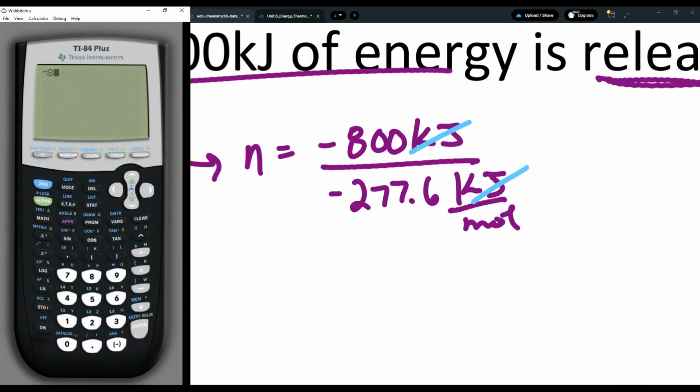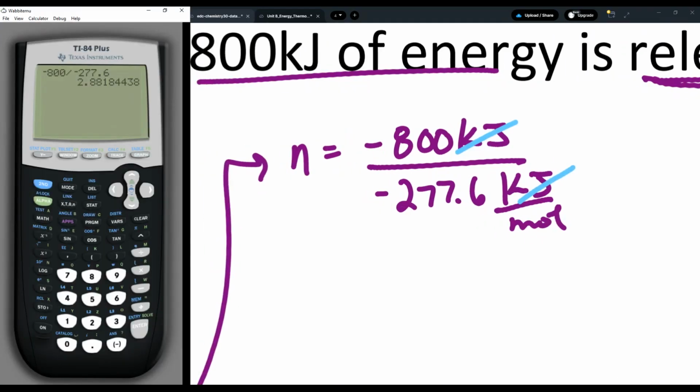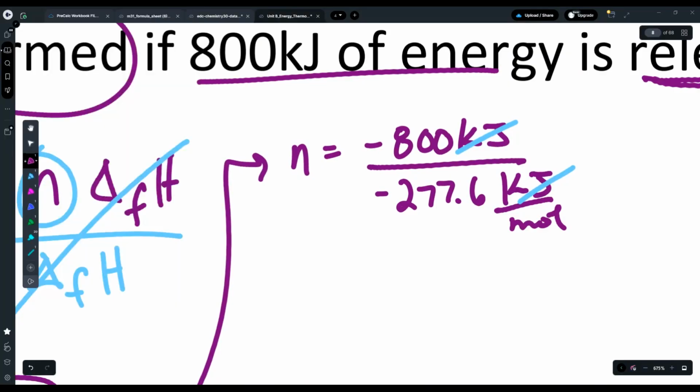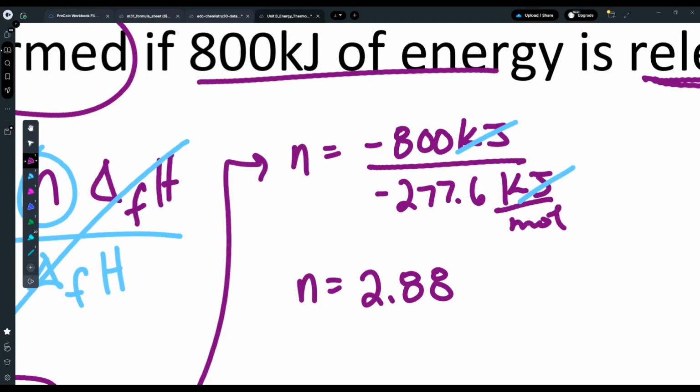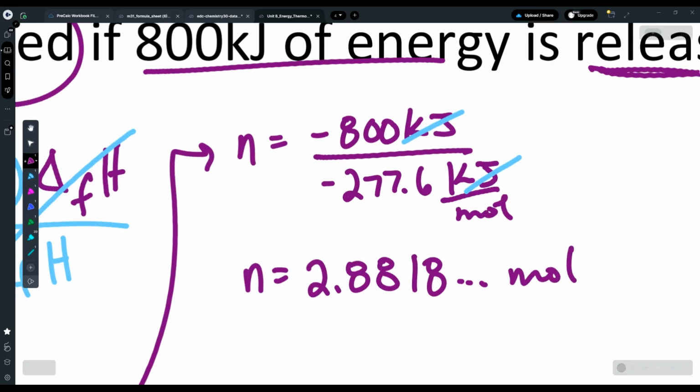So negative 800 divided by negative 277.6. There we go. Ooh. 2.8818 keeps on going on forever. So dot, dot, dot, and this is moles.